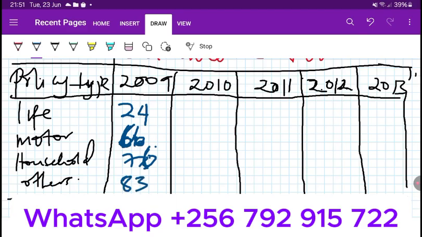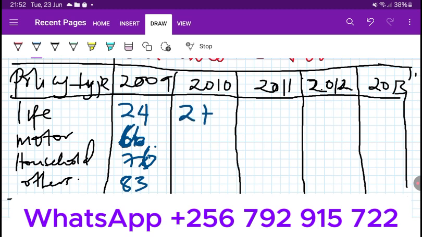Then we go to 2010. What is going to happen is that for 2010, life is also going to change, because we need to make comparisons. We are going to add 24 plus 27, and we get 51. Let's first work in this perspective. I will give you the other criteria.